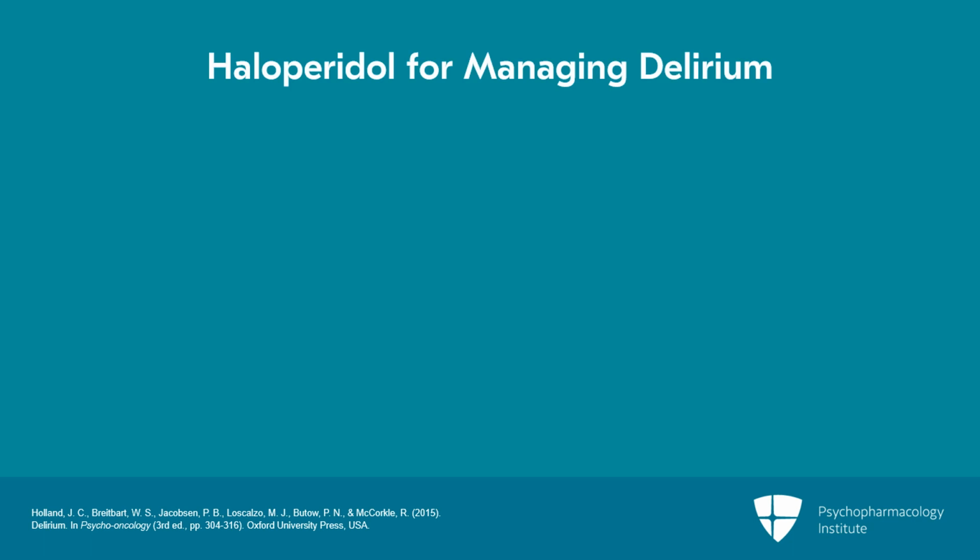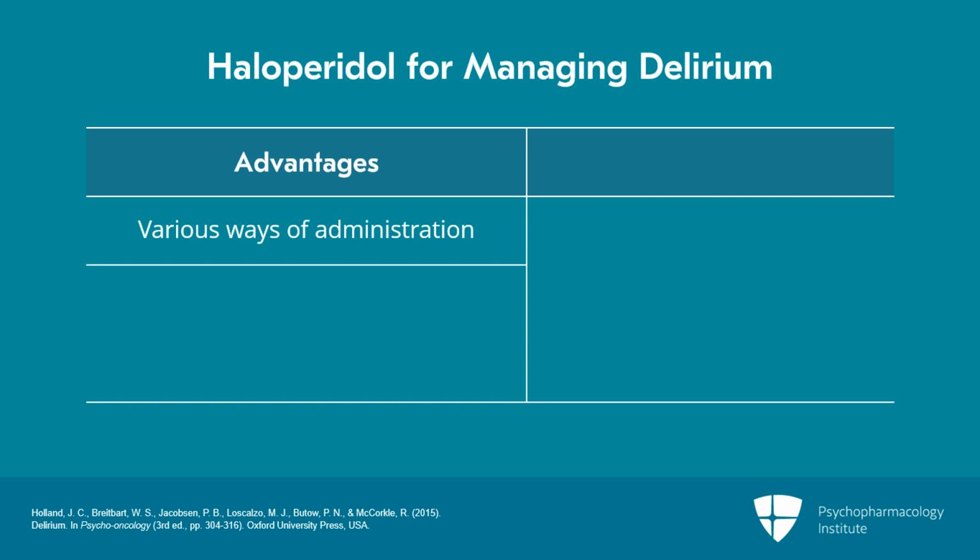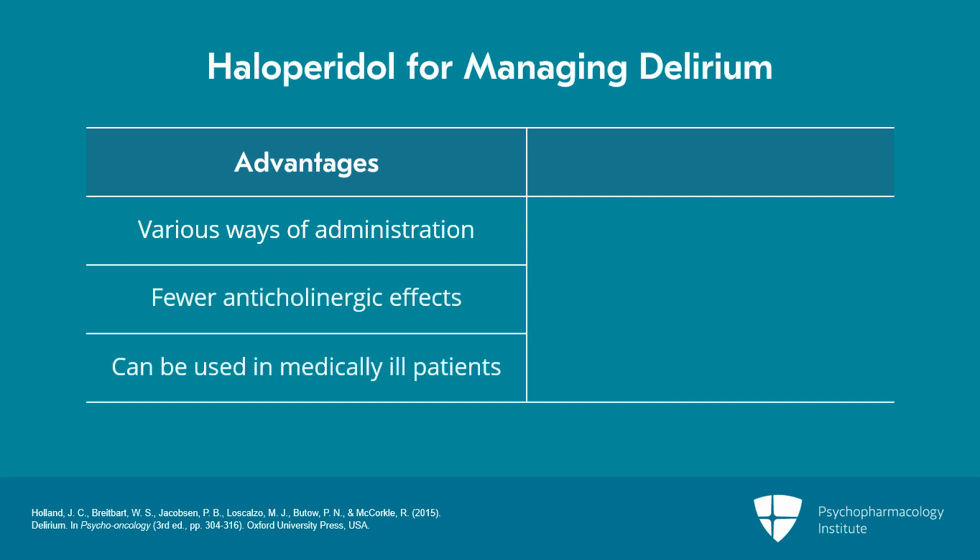One of the most commonly and probably historically most commonly used antipsychotic is haloperidol, which has several advantages, including various ways of administration, so like PO, subcutaneously, IV. Haloperidol has fewer anticholinergic effects, does not have active metabolites, and can be safely used in medically ill patients.